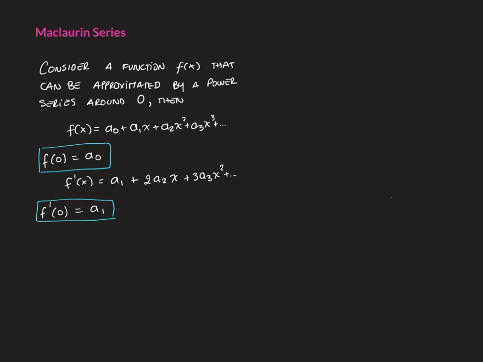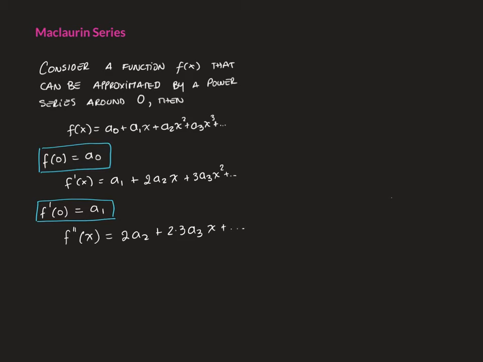Now I want to know what a2 is, so I'm going to continue to do this for a few more terms. So let's calculate the second derivative. Second derivative of f is equal to 2a2 plus 2 times 3a3x plus so on.